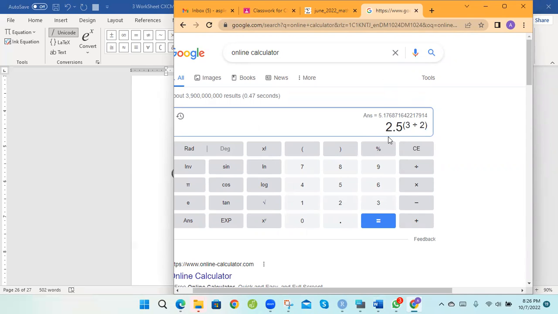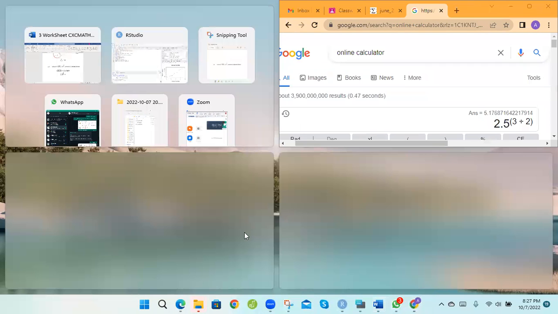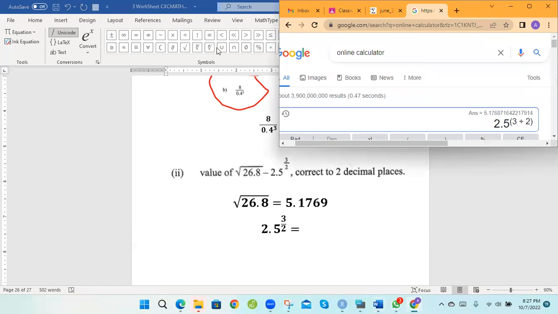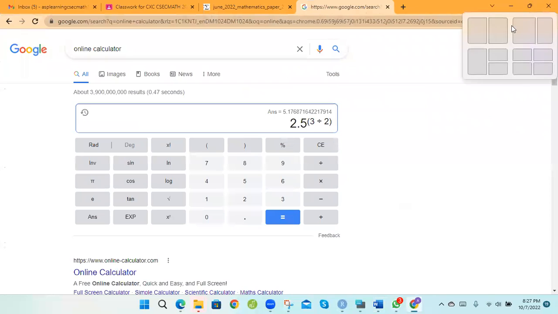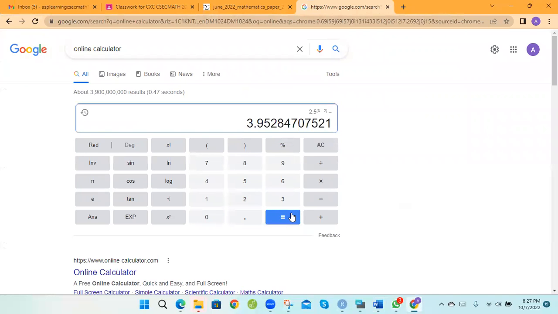All right, 2.5 raised to the power of 3 divided by 2, because 3 over 2 is 3 divided by 2. And that is the same thing, 2.5 raised to the power of 3 over 2, 2.5 raised to the power of 3 divided by 2. And that gives us 3.9528.